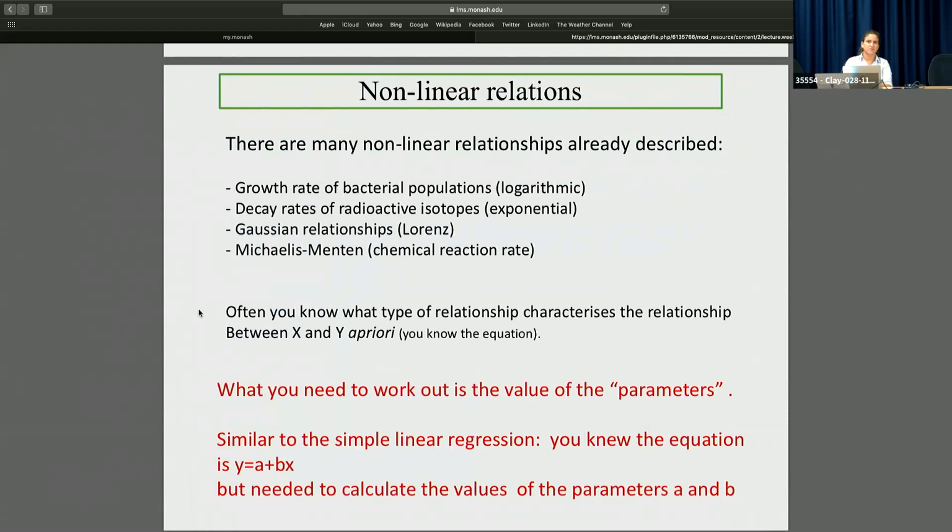So if you're working on the growth rate of bacterial populations, bacteria proliferate by doubling, because each one splits into 2. So we have doubling of the population all the time. This is a logarithmic type of relationship.